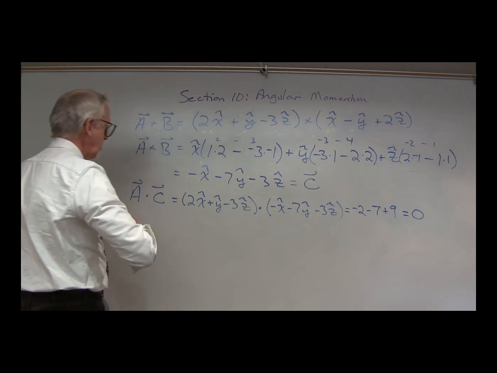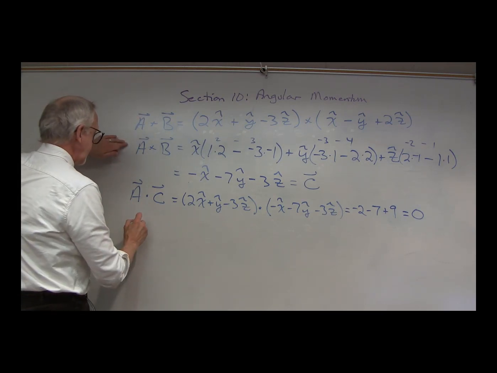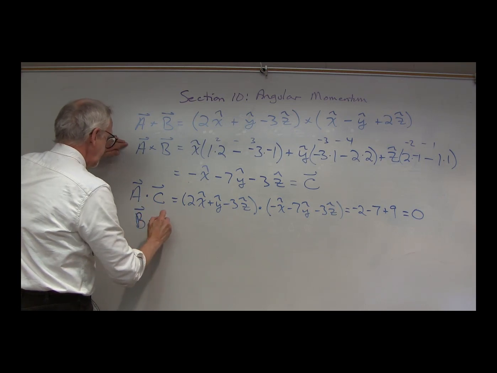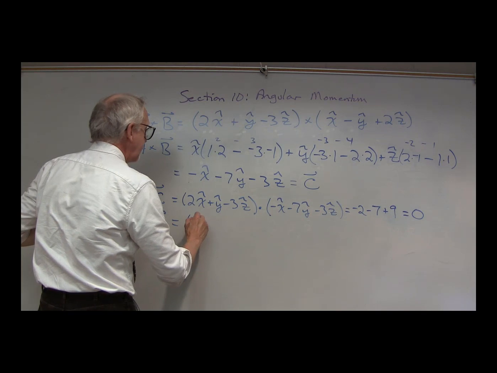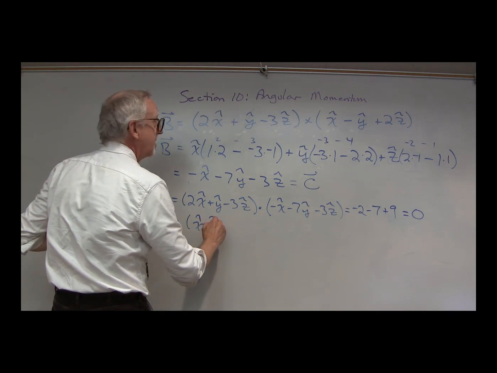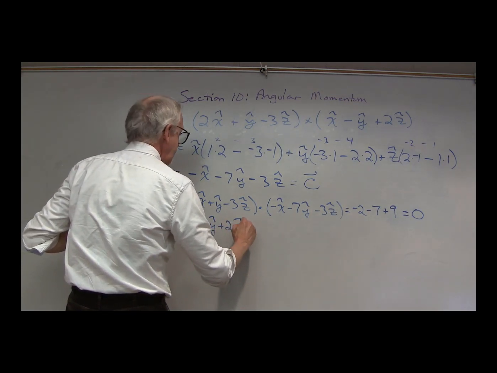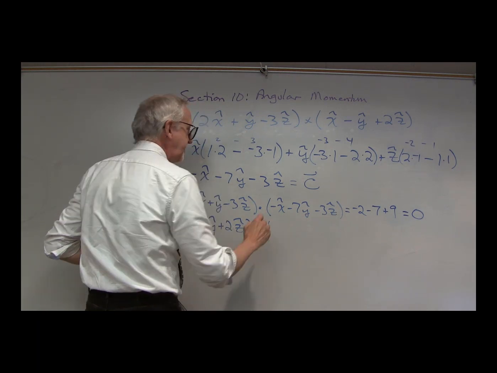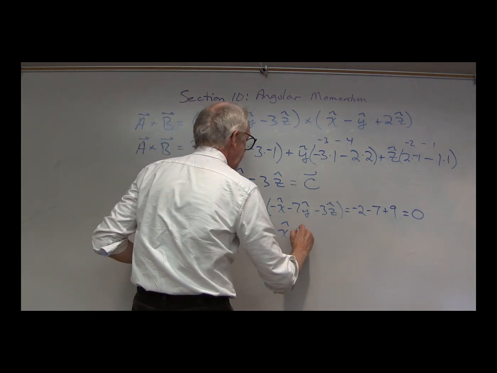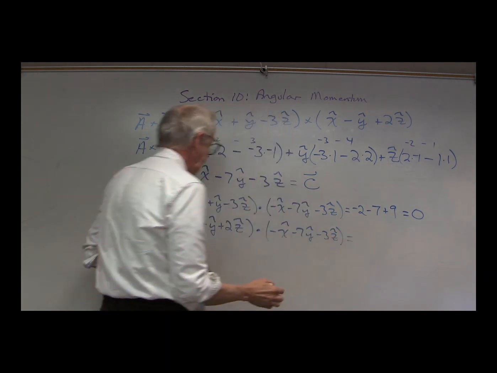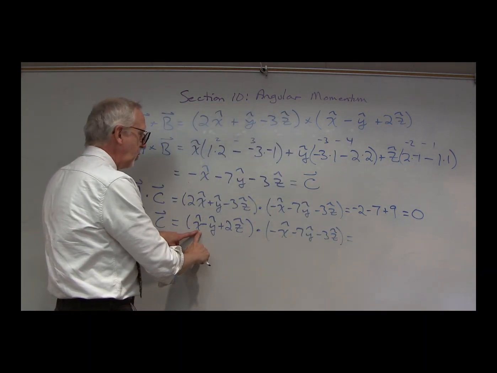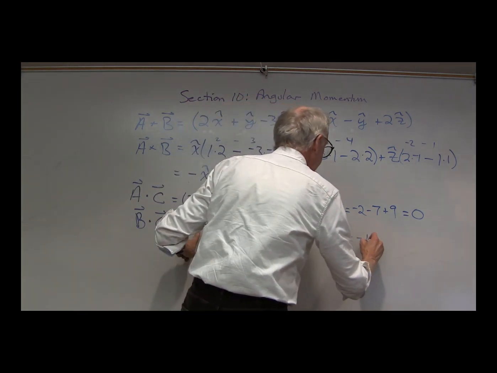All right, great. Let's try B dot C. What is B dot C? Well, we have B is x hat minus y hat plus 2z hat. And we're going to dot that into C again, negative x hat minus 7y hat minus 3z hat. And what do we get? Again, x components, 1 times negative 1, that's negative 1.